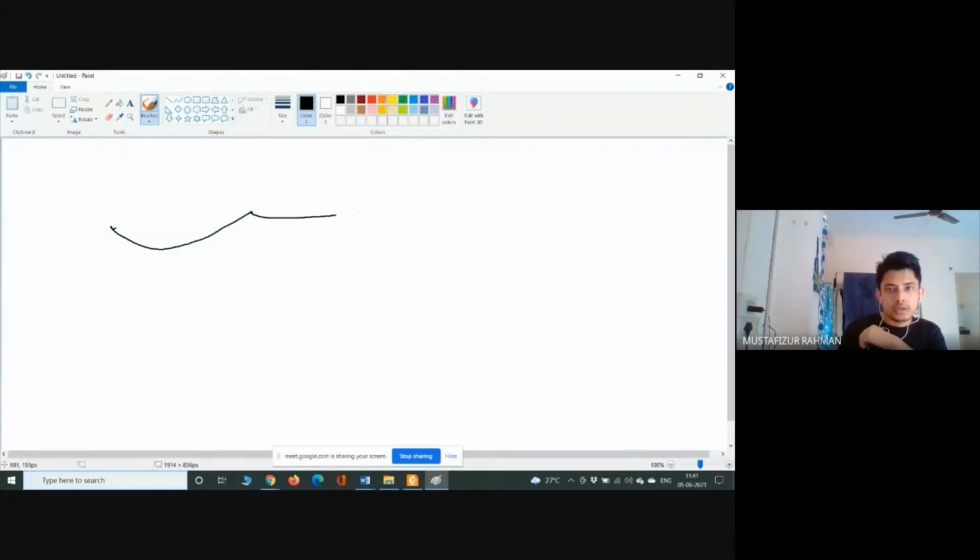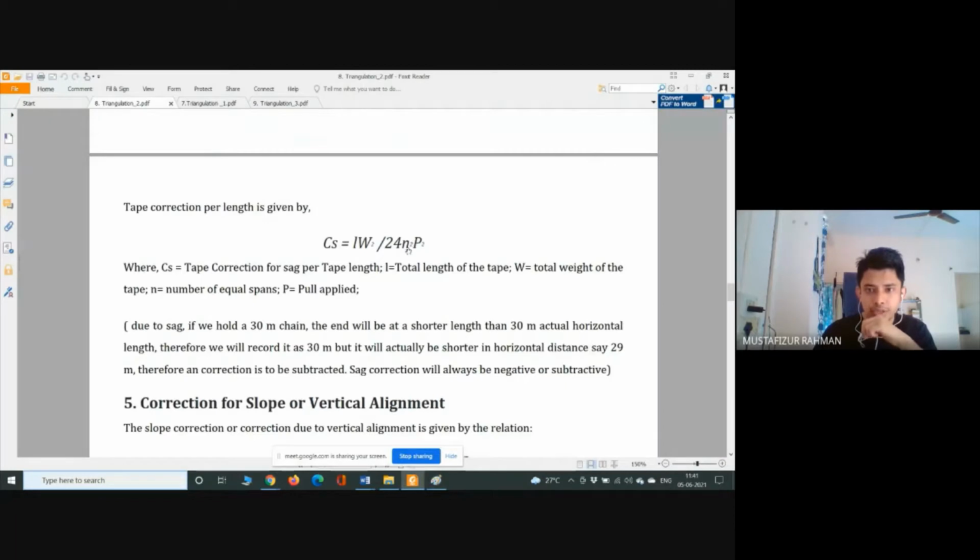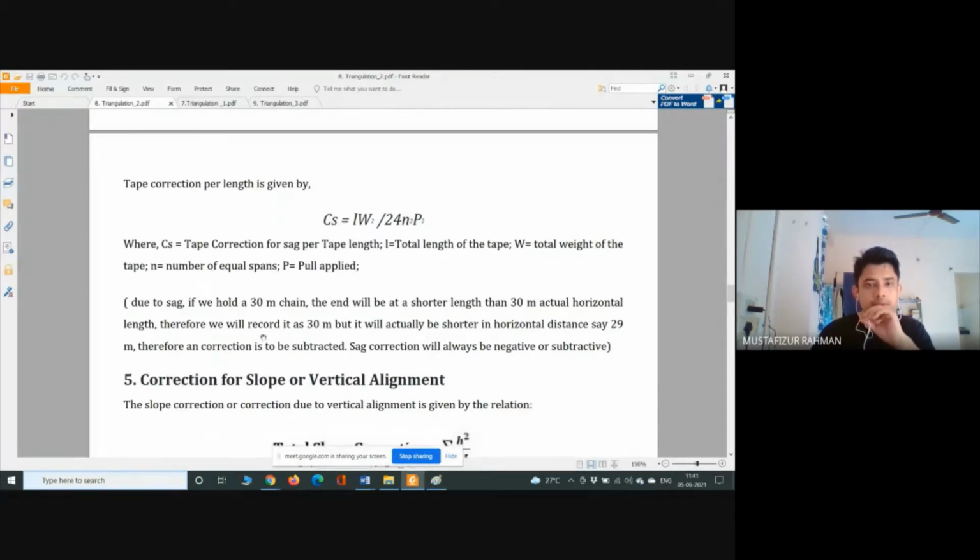If we are carrying out our survey like this, we have some sag every time, right? So how many times we are carrying out the calculation? That is our N, number of equal spans. Okay.